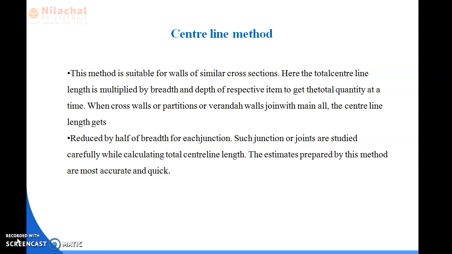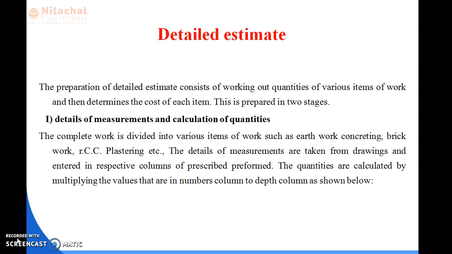Okay. Next we go through the detailed estimate. What do you mean by detailed estimate? The preparation of a detailed estimate consists of working out quantities of various items of work and then determining the cost of each item. This is prepared in two stages.